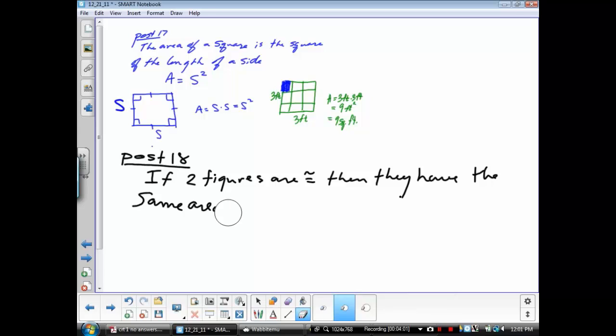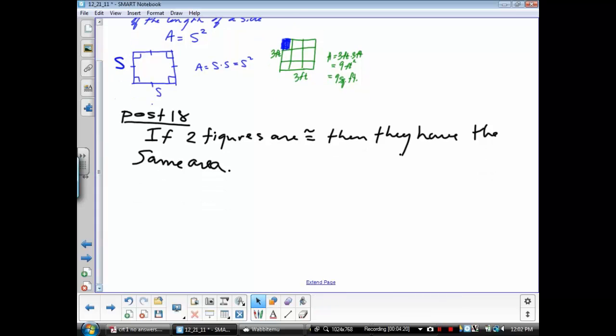So it makes sense to me. And a postulate is something that we take as fact either because it is obvious or because it is needed. And this makes sense to me. Congruent figures are going to have the same area because they are the same size and same shape.